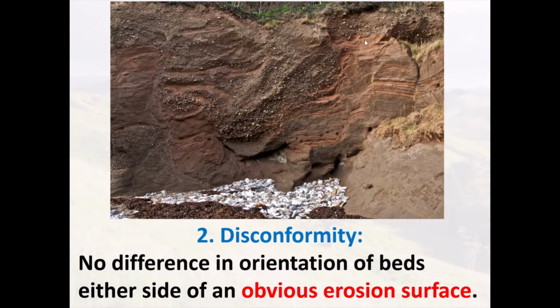We can see this obvious erosional surface that's winnowed down into the underlying sandstones. But on top of that we've had younger sediments, and they still have more or less the same orientation in bedding as the rocks beneath the unconformity.